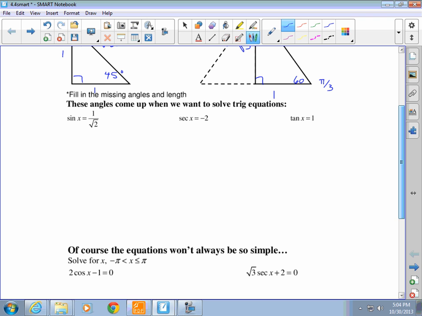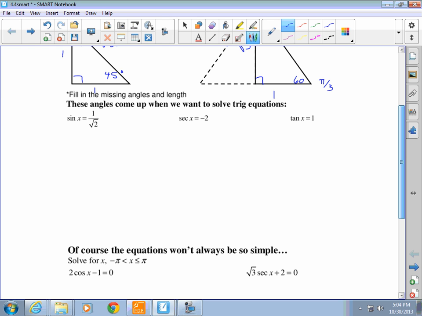So example number 1, it says that sine x is equal to 1 over square root 2. So what we want to do is find out what possible values there could be for x. X is the same as theta, they're just giving it a variable now instead of using the theta symbol.